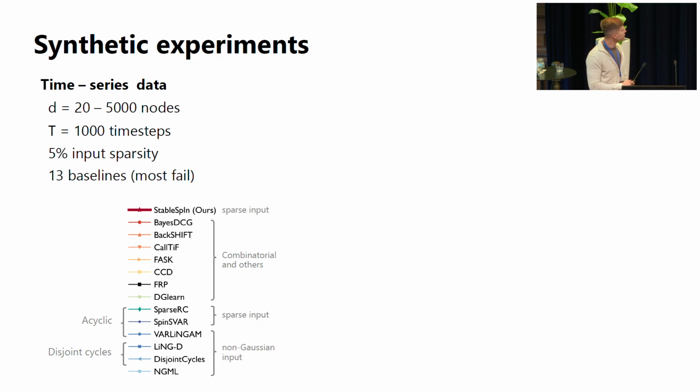Then also two other methods that allow for cycles, but only disjoint ones. And the rest of the methods can discover cycles. So closest to our assumptions are these two, which also assume sparsity in the input of the SEM. And also related are these four that assume non-Gaussian input. The rest have different assumptions and are expected to not perform very well in this scenario.